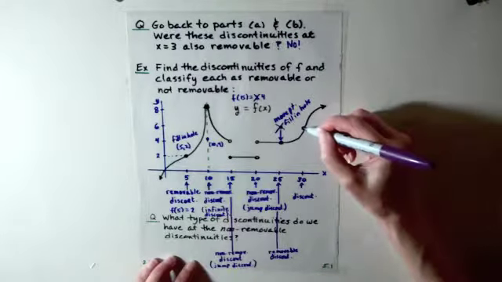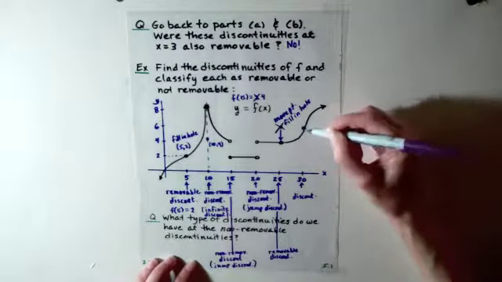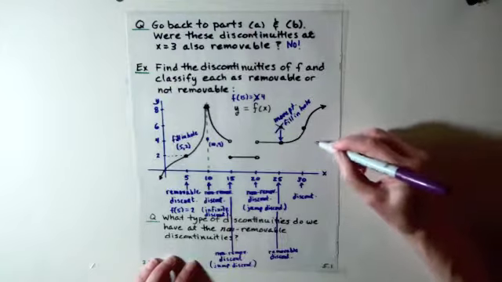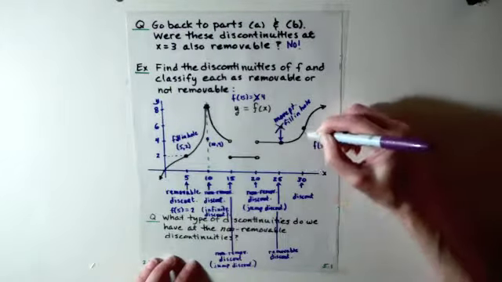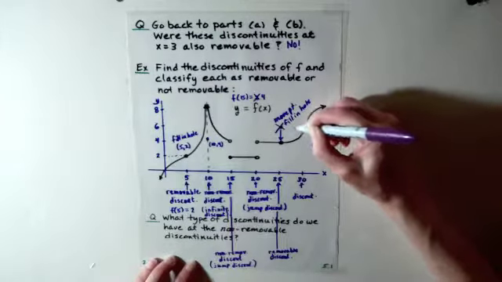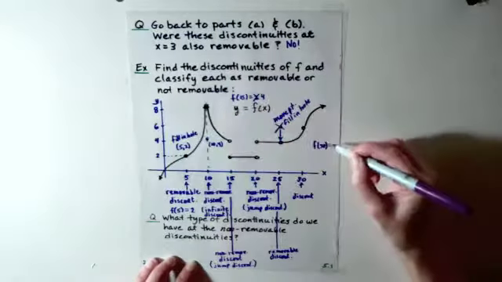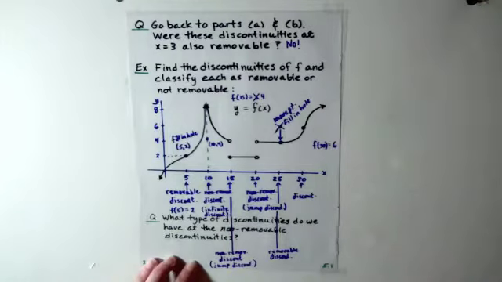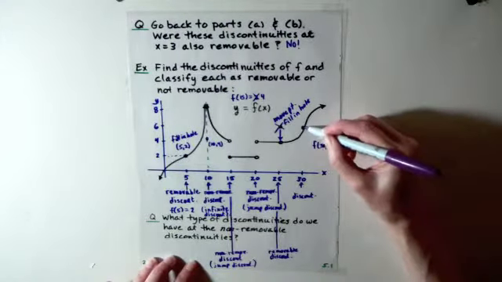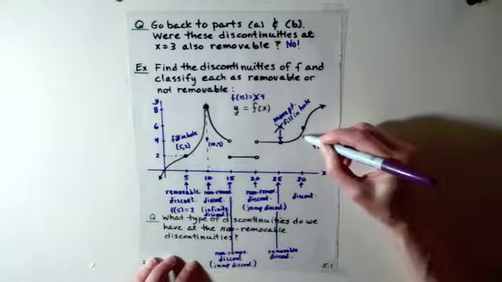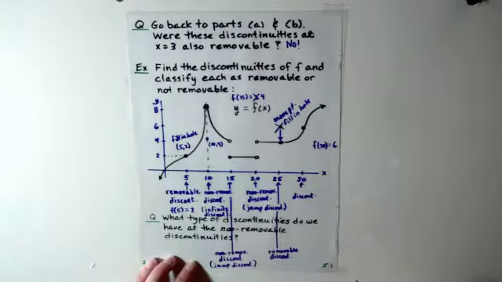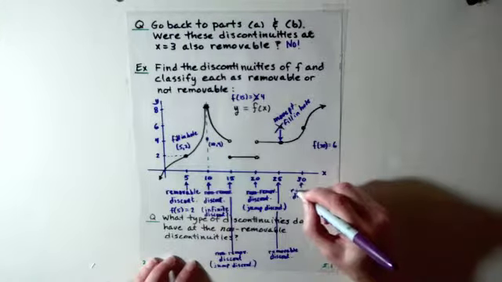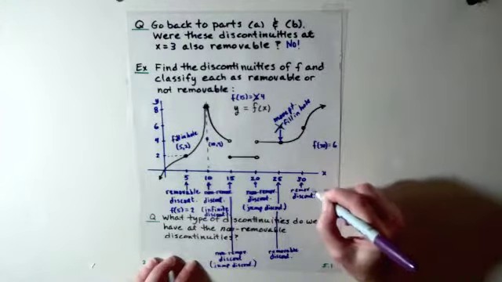I could fill in this hole with a point that's right here. Essentially, that would be equivalent to saying that f of 30 is equal to, well, this dot here, it looks like it's at a height of 6. If I made f of 30 equal to 6 and just gave f a definition there, I would have gotten this point right here, and I could draw my graph right through x equal 30 without lifting my pen off the paper. So this would be a removable discontinuity.